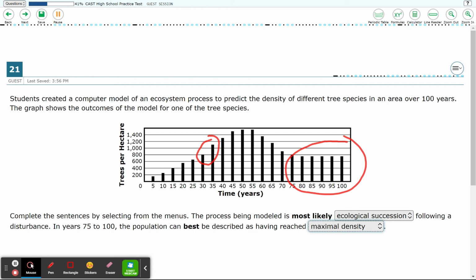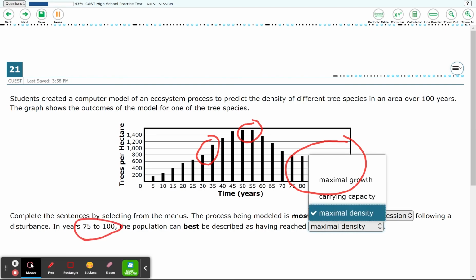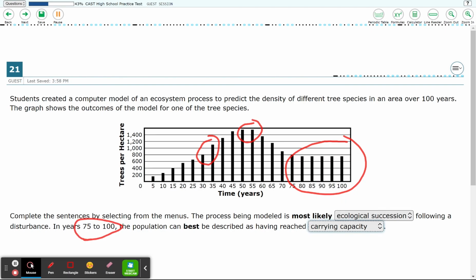Maximal density is the highest density a substance can achieve under certain conditions. Well, it seems that under these conditions, we could attain almost 1,600 trees per hectare, but that was back in years 50 and 55. So in years 70 to 100, definitely our best choice is carrying capacity.